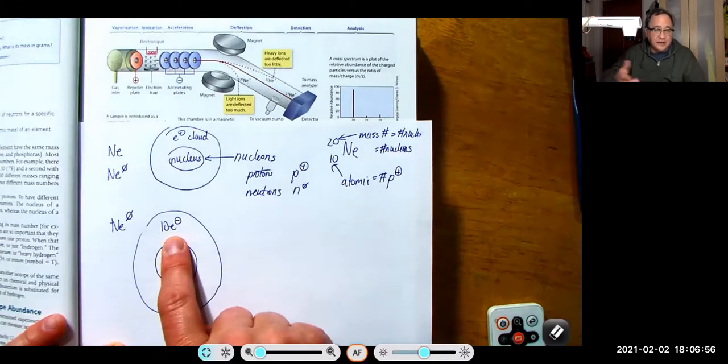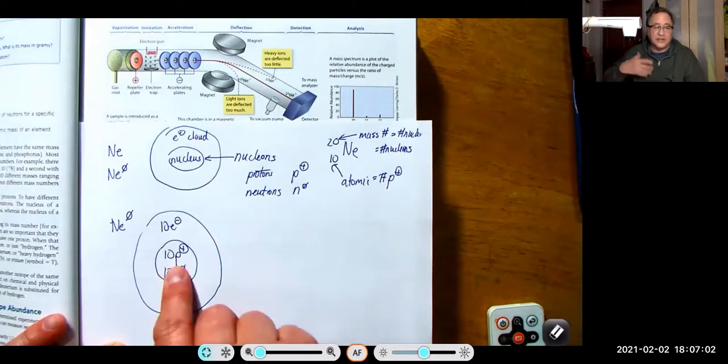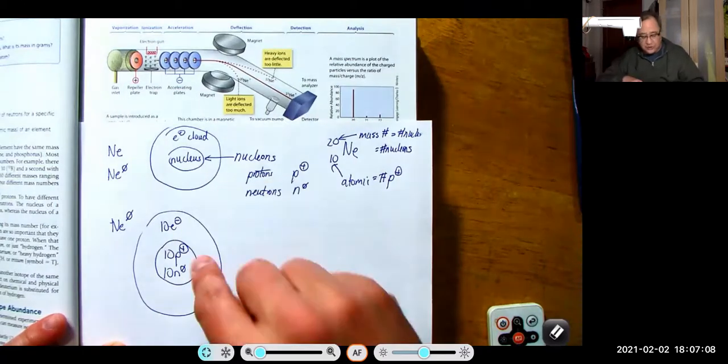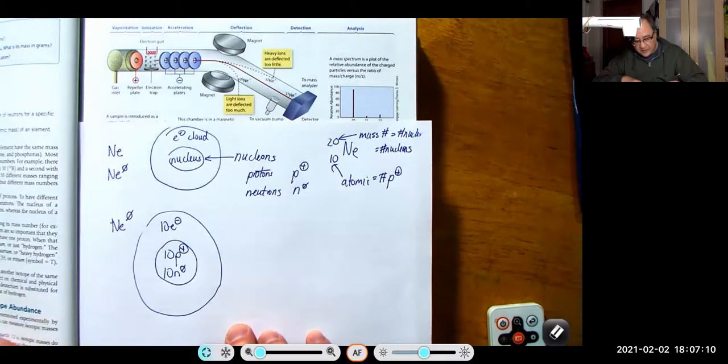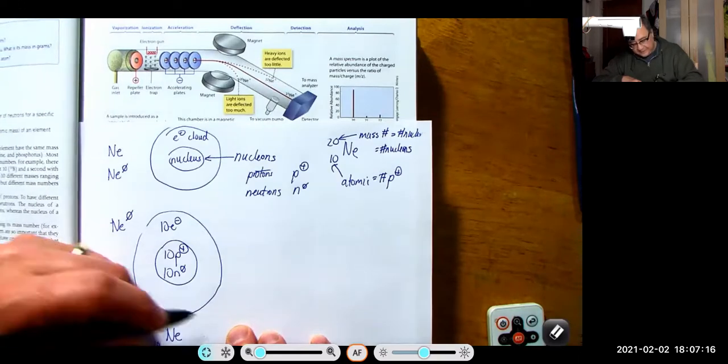Negative charges count as -1. Positive charges count as +1. If you have 10 protons, that's a positive 10 charge. 10 electrons is a negative 10 charge. Add it all together, you get 0 charge. So this is a neutral neon atom, and it is called neon 20.